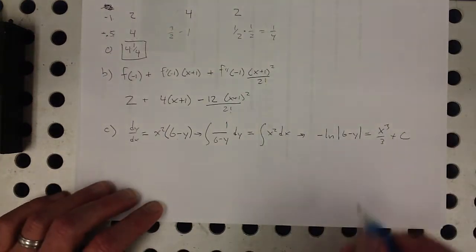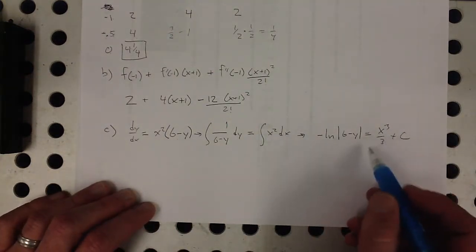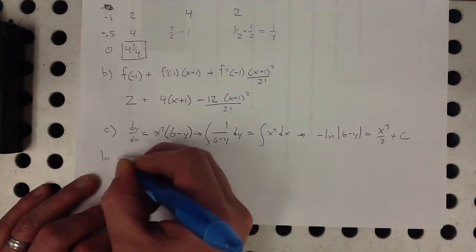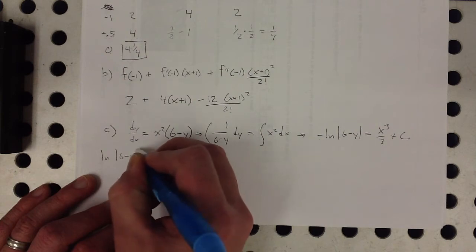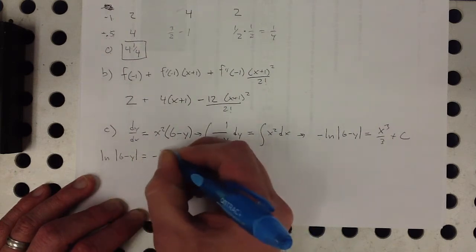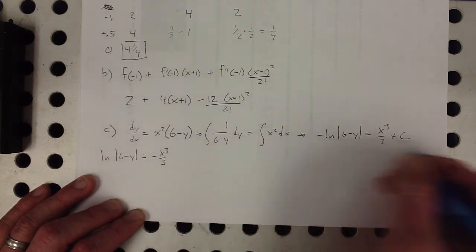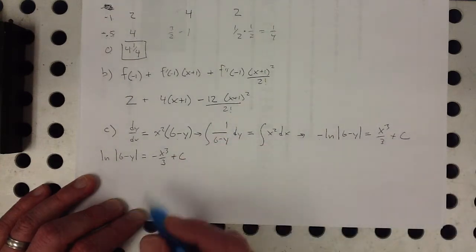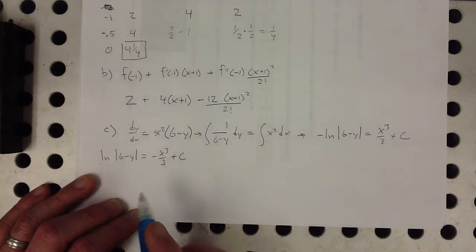Okay, and I want to solve this for y, so I'm going to move the negative to the other side. That gives me natural log of 6 minus y is equal to minus x cubed over 3. The plus c, whatever that constant is, it can be positive or negative. We'll solve for it later, so I'm just going to leave it as plus c.